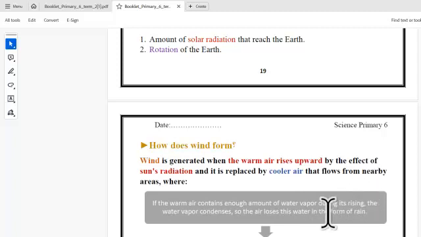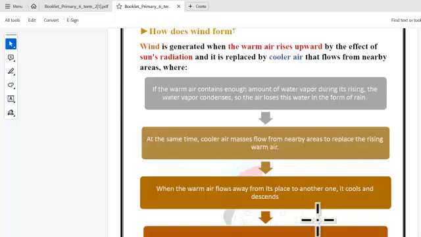If the warm air contains enough water vapor during its rising, the water vapor condenses so the air loses this water in the form of rain. At the same time, cooler air masses flow from nearby areas to replace the rising warm air.